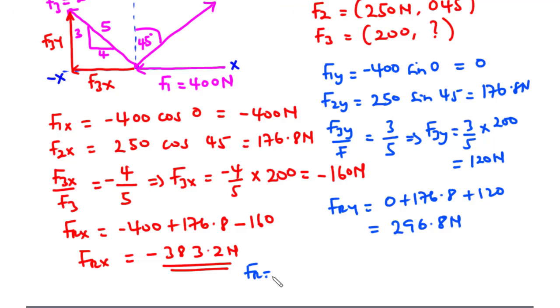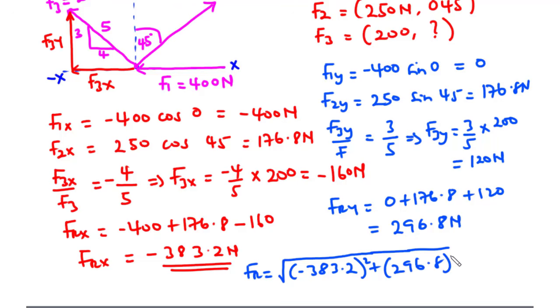So Fr, the resultant force, is equal to the square root of negative 383.2 squared plus 296.8 squared. So we have Fr to be equal to 484.7 newtons. So this is the resultant force.